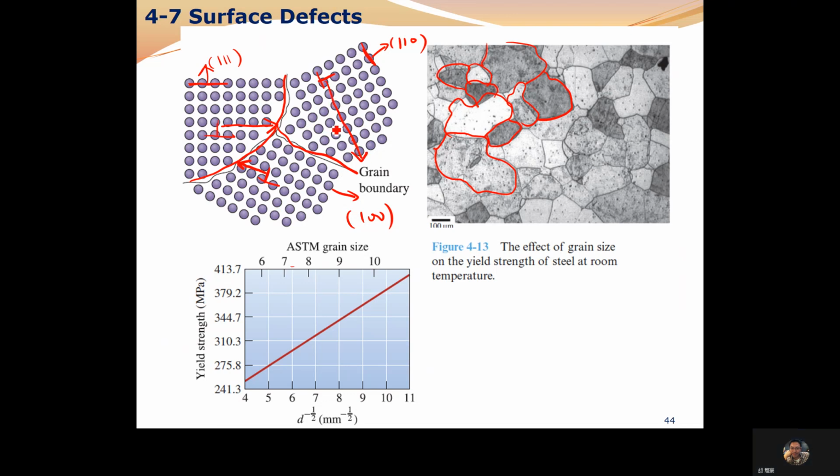In other words, if we increase the number of grain boundaries, for example, if we have grain boundaries like this, why does the higher density of grain boundaries enhance the mechanical property or strength?